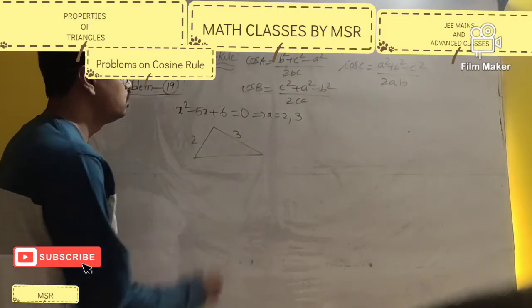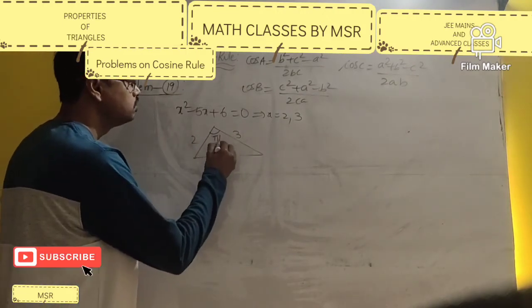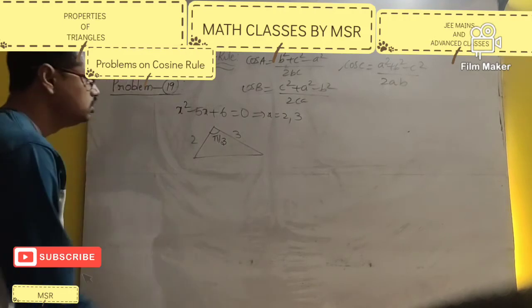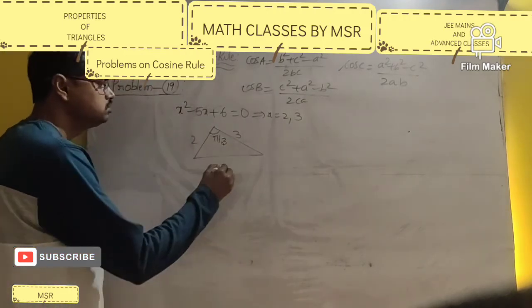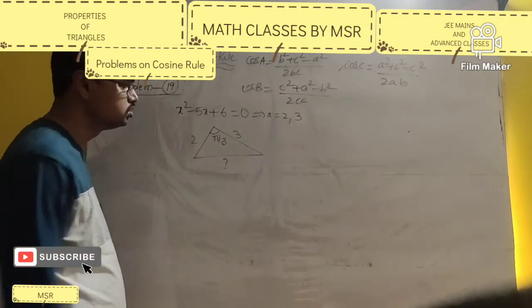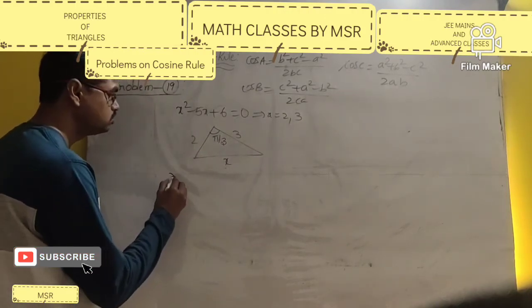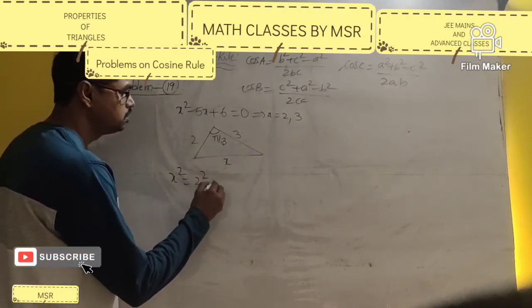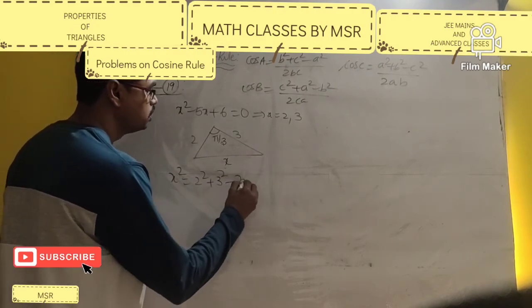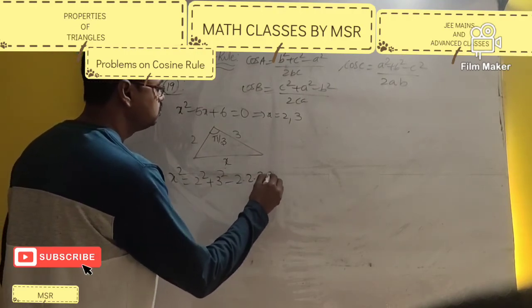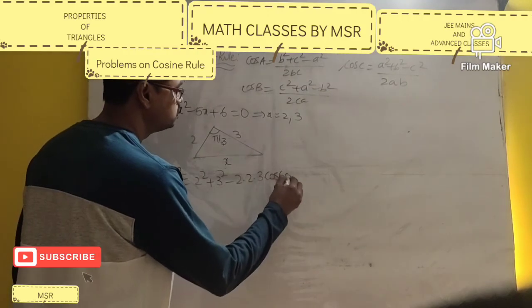Okay, so now the angle between them is pi by 3. We need to find the perimeter, which means we should know the third side. So let us say the third side is some x. x square is equal to 2 square plus 3 square minus 2 into 3 into cos 60 degrees.